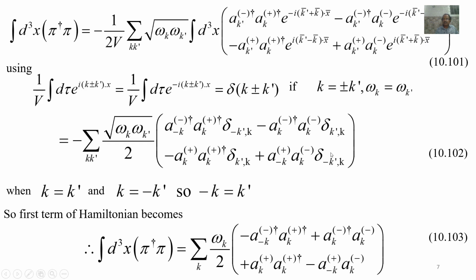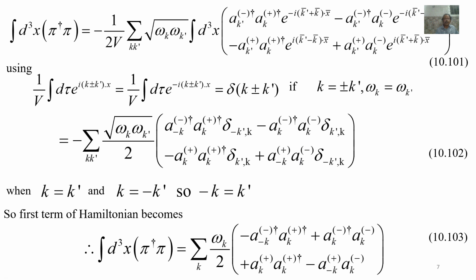So multiplying with the minus sign, that will give you minus a minus k minus dagger a k plus dagger. You just multiply with the minus sign. You will get equation 10.103 from 10.102. This can be simplified as equation 10.103.